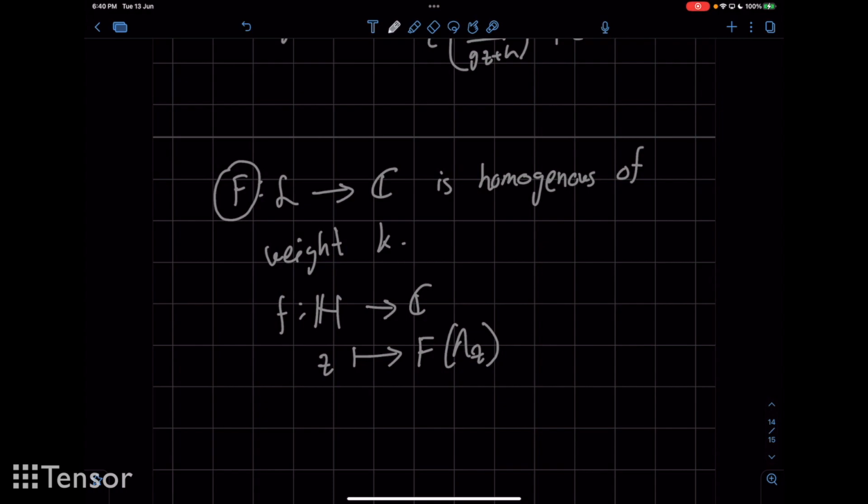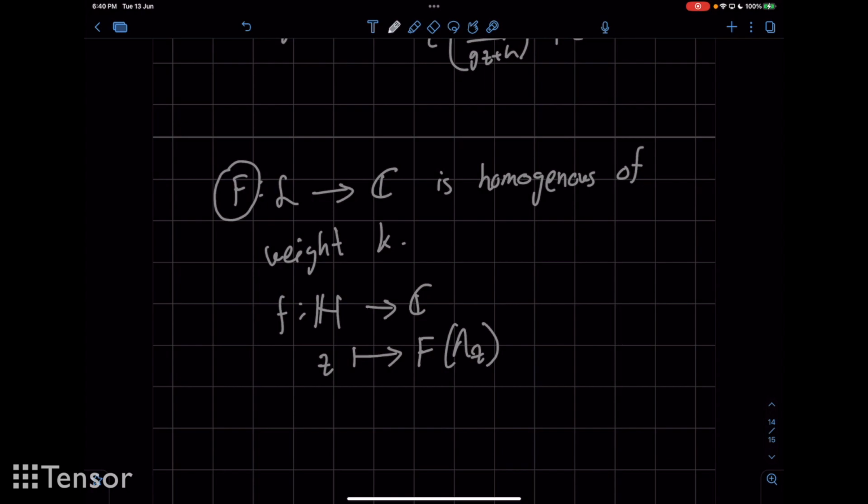Okay, so far what have we done? We have defined a homogeneous function of weight k, and to each such homogeneous function, I have a function on the upper half plane, right? And we have defined a group action on the upper half plane.